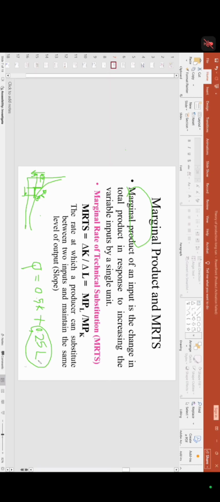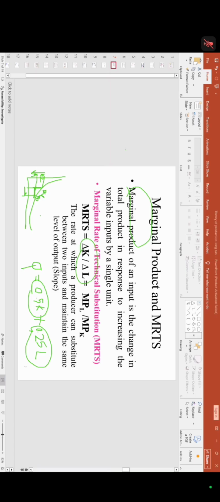If you are going to increase your labor by 1% or 1 unit, your quantity will be increased by 0.25. And this represents, if you are going to increase 1 capital unit, that will increase your output by 0.5. Clear?